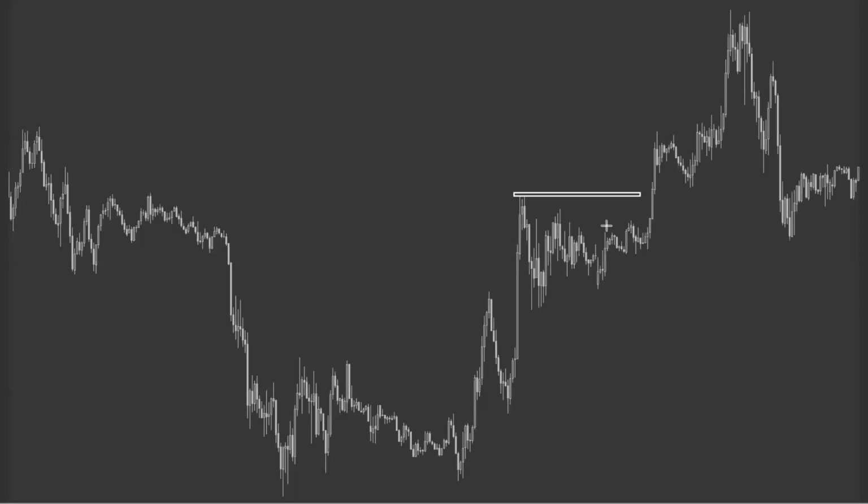Okay, and this is one of those areas: compression, consumption of liquidity, a build-up of stops. So you know you're likely to get an influx of orders there, and so it's just about finding these areas, and compression is one of them.